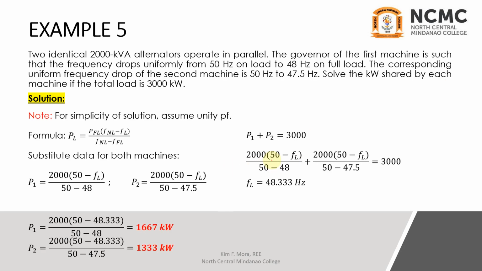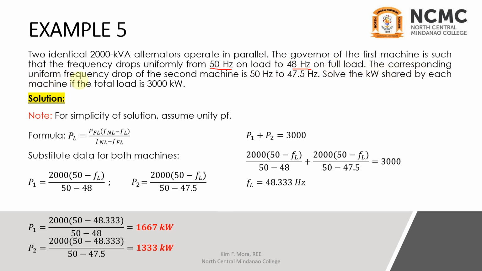So for example, there are two identical alternators rated 2000 kVA and operated in parallel. The governor of the first machine is such that the frequency drops uniformly from 50 Hz on no load to 48 Hz on full load.